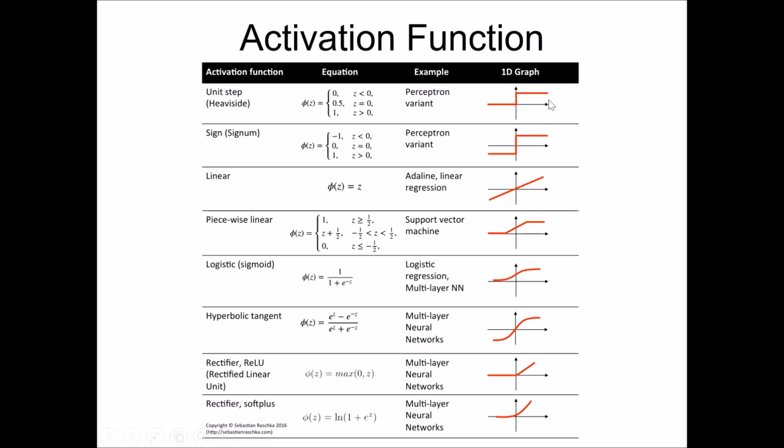Previously we used the first one, which is the hard limiter, which gives the output of 0 or 1, and then we tried the linear activation function in our adaptive linear model. But there are many activation functions that can be fed to your neuron.